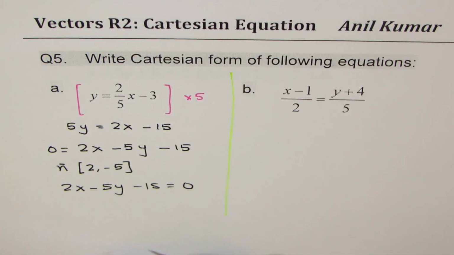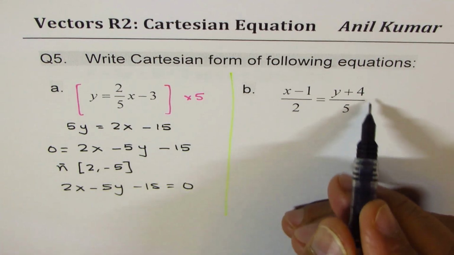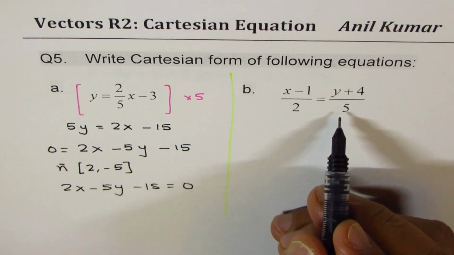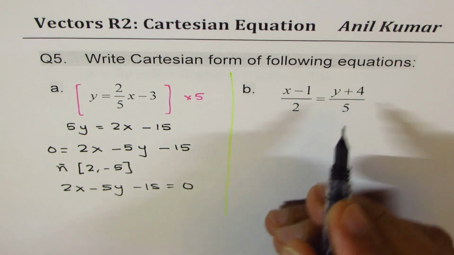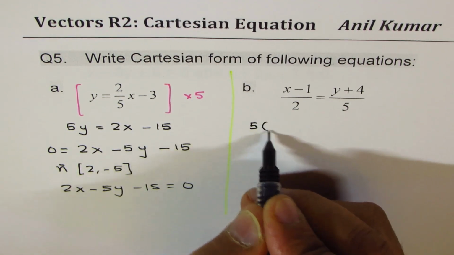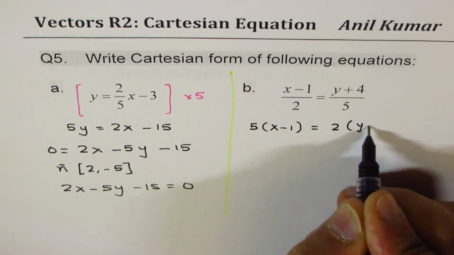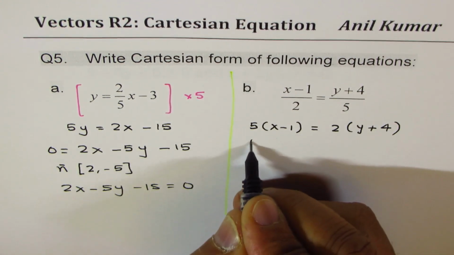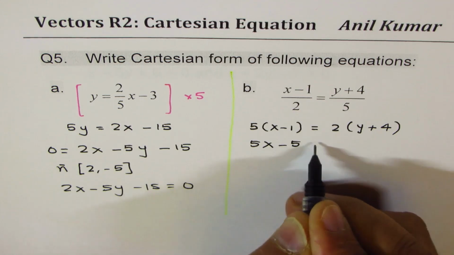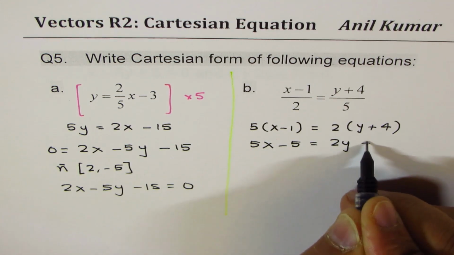Got it? If you are given an equation in symmetric form, the best way is just cross multiply. So you could write this as 5 times (x minus 1) equals 2 times (y plus 4). 5x minus 5 equals 2y plus 8.